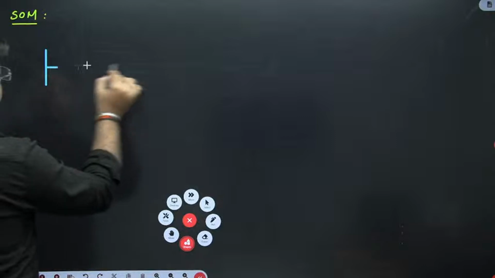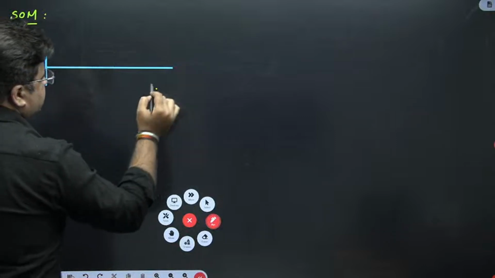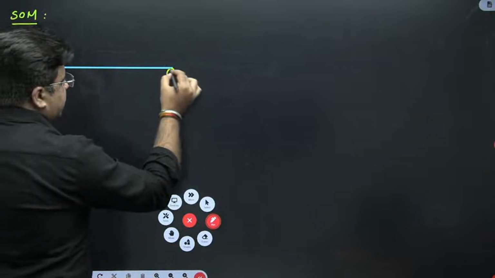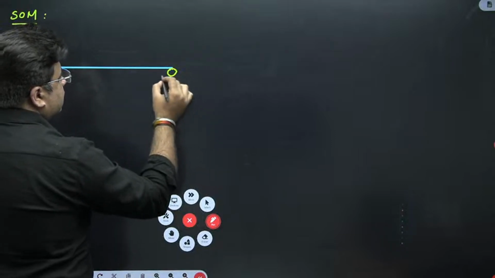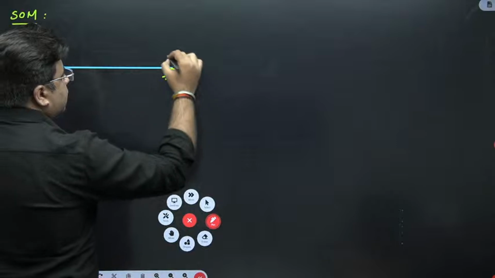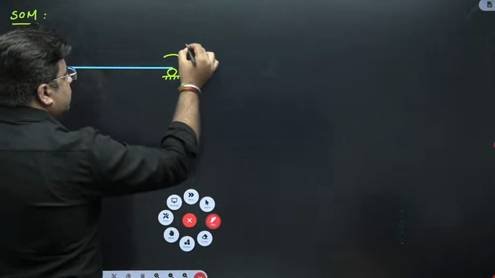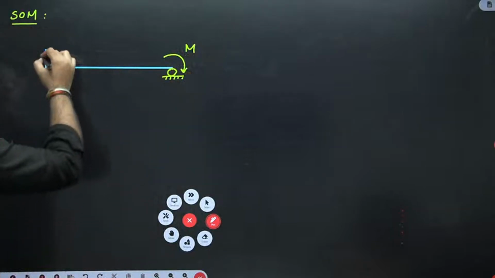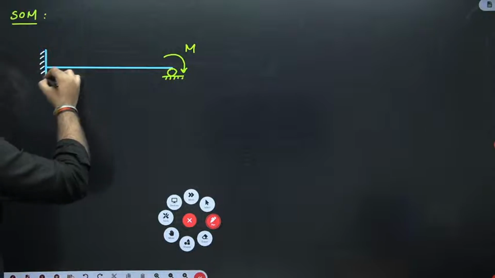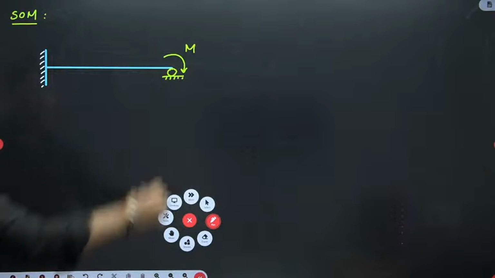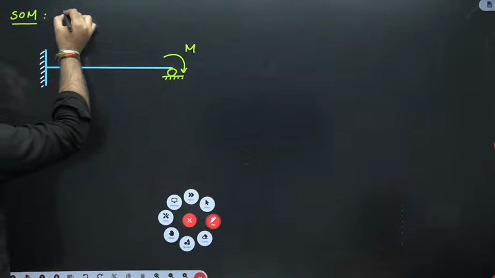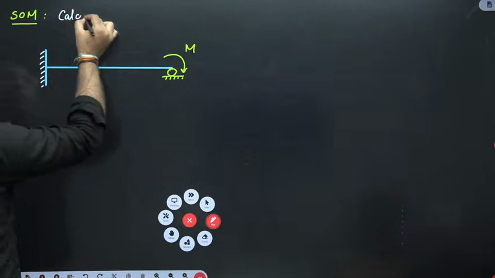So this is your propped cantilever beam, and it is subjected to a moment M like this. And they are asking us to calculate the support reaction at the prop.